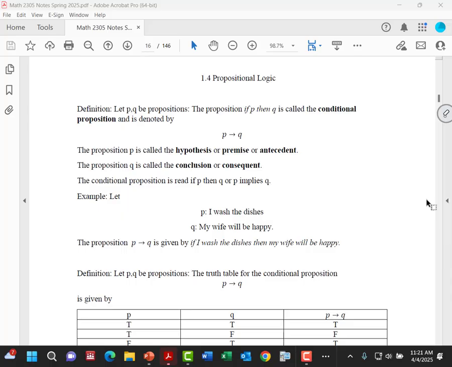The proposition Q is called the conclusion, or in a philosophy class, you might call it the consequent.